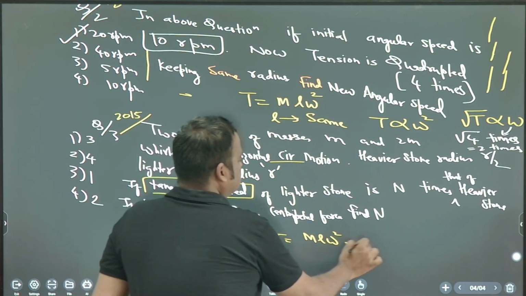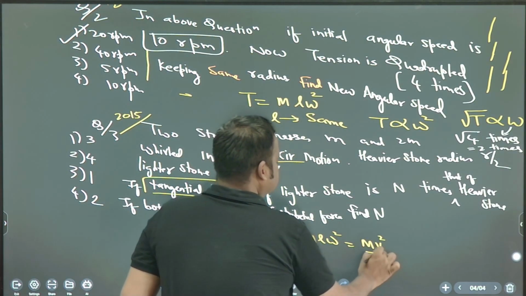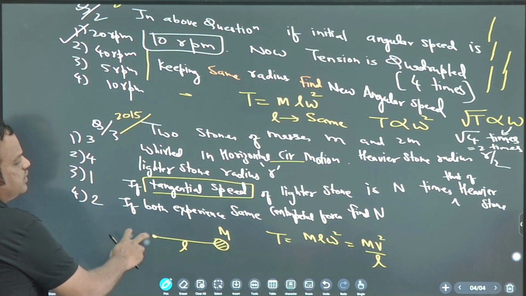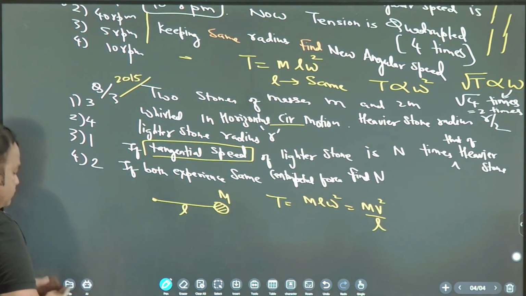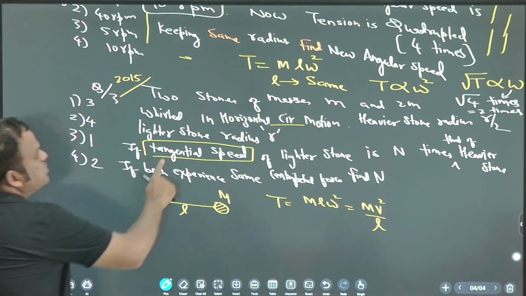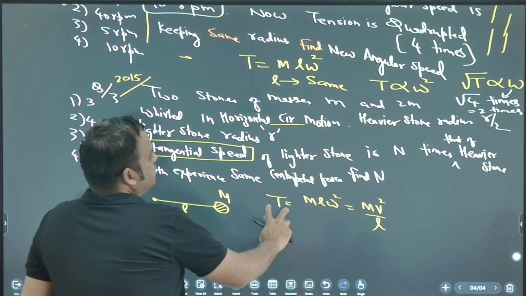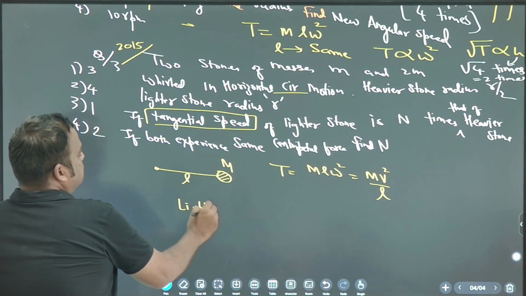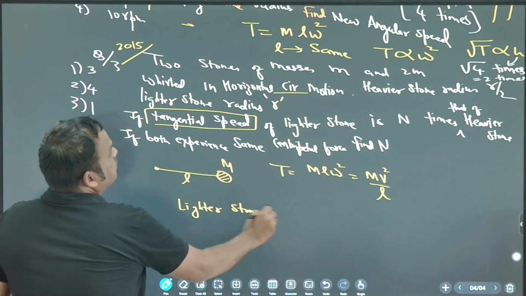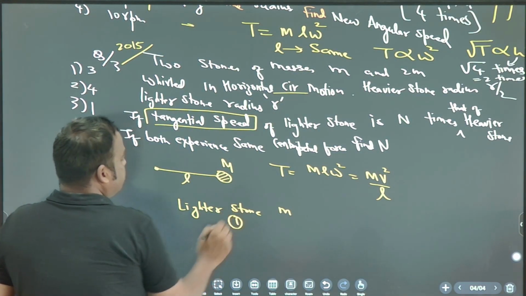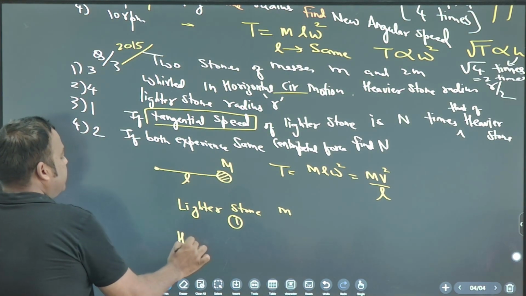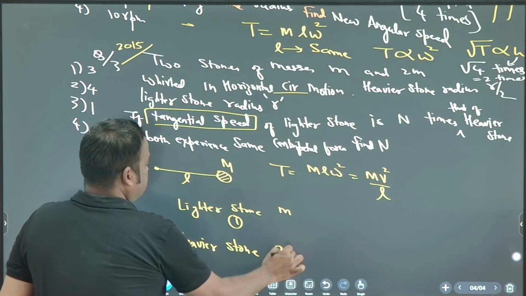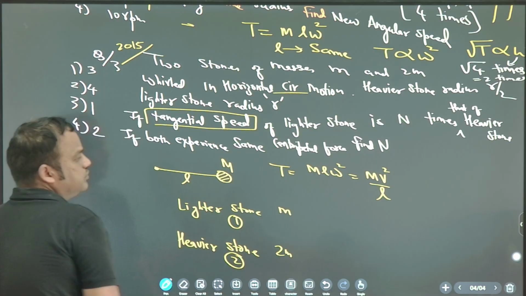So what is the formula? m v square by L. So use this m v square by L, because tangential speed they are talking. So lighter stone is m. Suppose lighter stone means 1 and heavier stone means 2m, that heavier stone is 2.